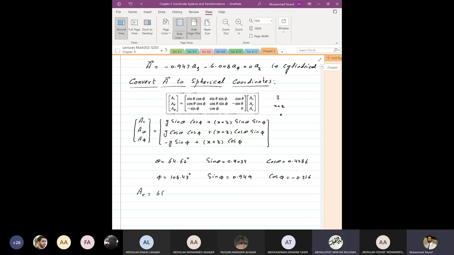You see here, A_r, the first component, is y times sine theta times cosine phi. So it is 6 times 0.9034 multiply cosine phi, and cosine phi is negative 0.316.